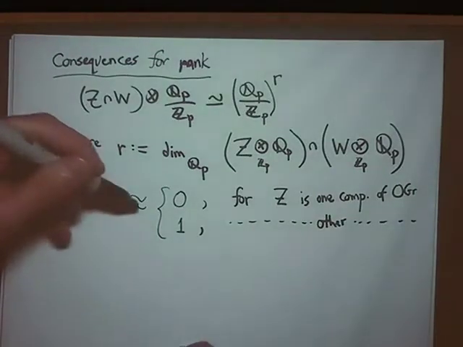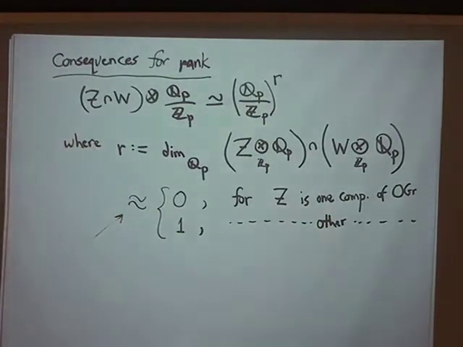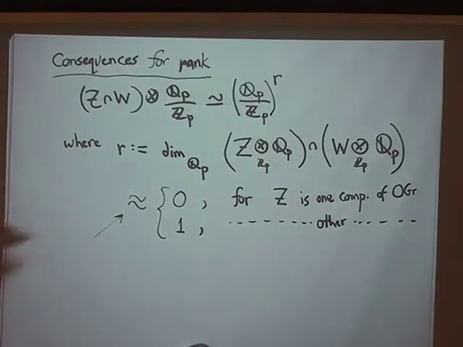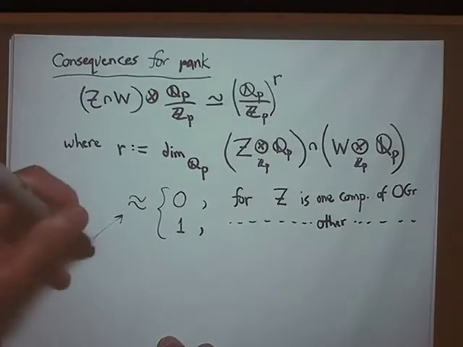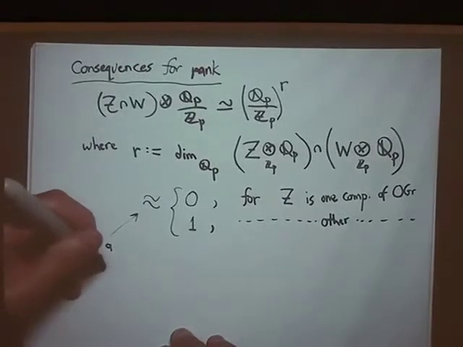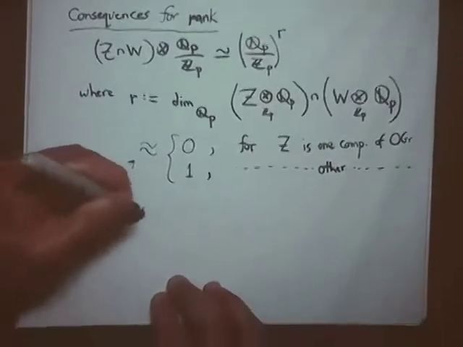And this squiggle, as we learned this morning, could mean anything. But in this case, it actually means something precise. Here I mean outside a lower dimensional locus in OGr.